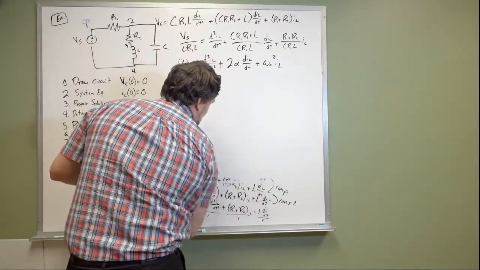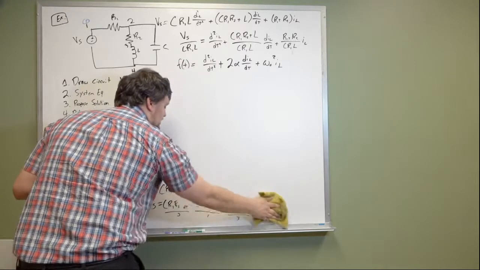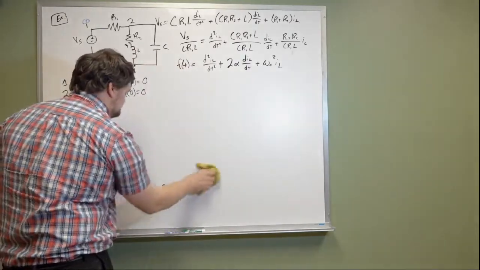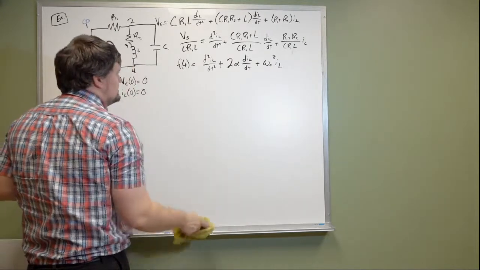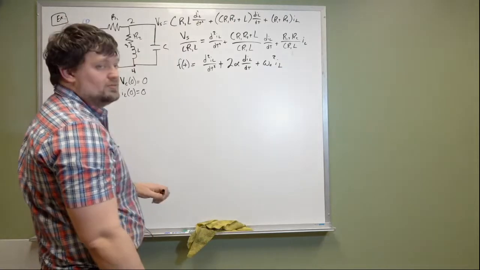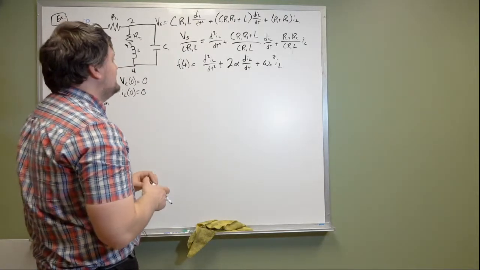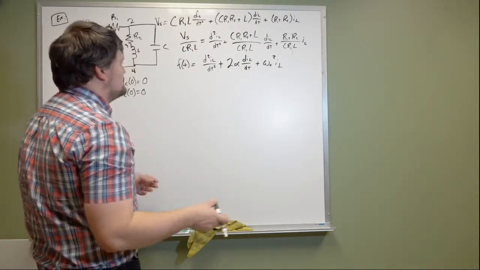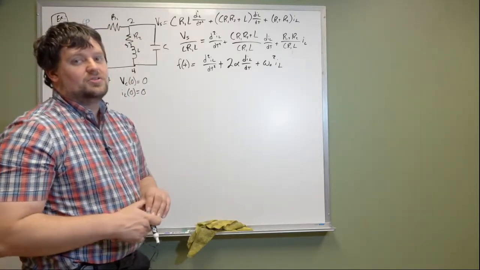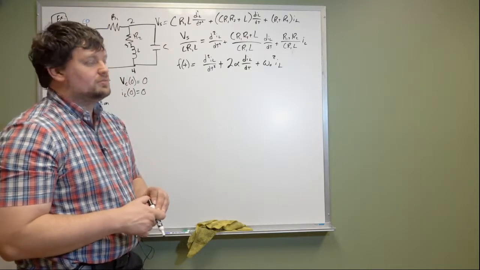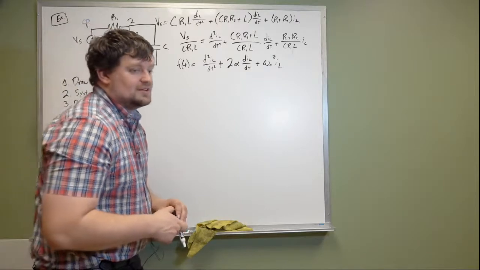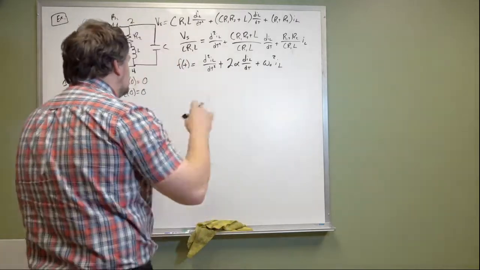Then we'll solve for our alpha value, our omega naught value, and then we have our forcing function. What you'll notice here is that your forcing function, Vs over C R1 L, is actually going to end up being the steady state value of how much current is passing through that inductor, but we'll get there.